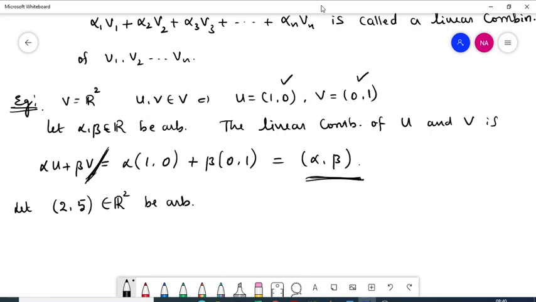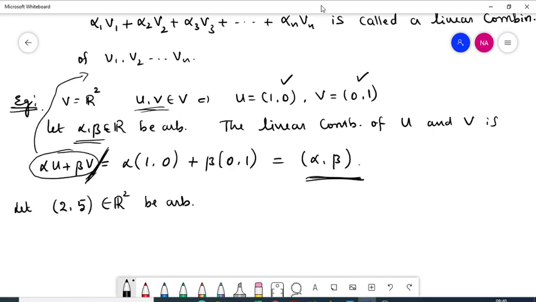Now I am dealing with an example where V is taken to be R square and field F is the set of real numbers. Then I have taken two elements of V, u and v, and two elements of R as alpha and beta. Then their linear combination is alpha u plus beta v. That serves the purpose of this example.